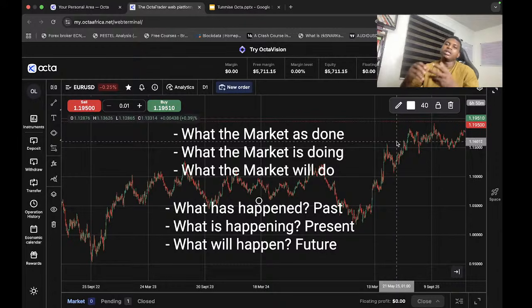On the other hand, it's almost similar to looking at what has happened in the past, what is happening in the present, what will happen in the future. Okay, good. So when we look at these three focus areas, we are able to come up with a logical conclusion as to where price would most likely go.